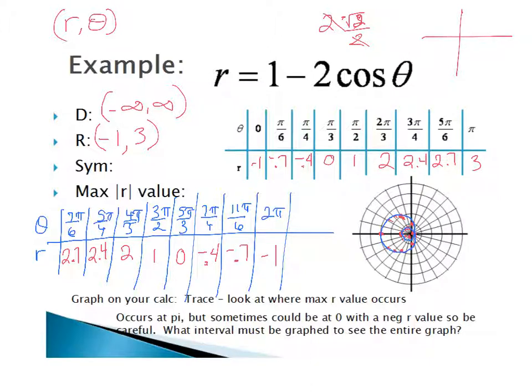Now, my calculator doesn't have to match this exactly, because remember, I could have put anything in there. Typically, just like here, you had to kind of know what this was going to look like to be able to graph it. We probably need smaller increments. What is very typical is to put in pi over 16 and plot every pi over 16.